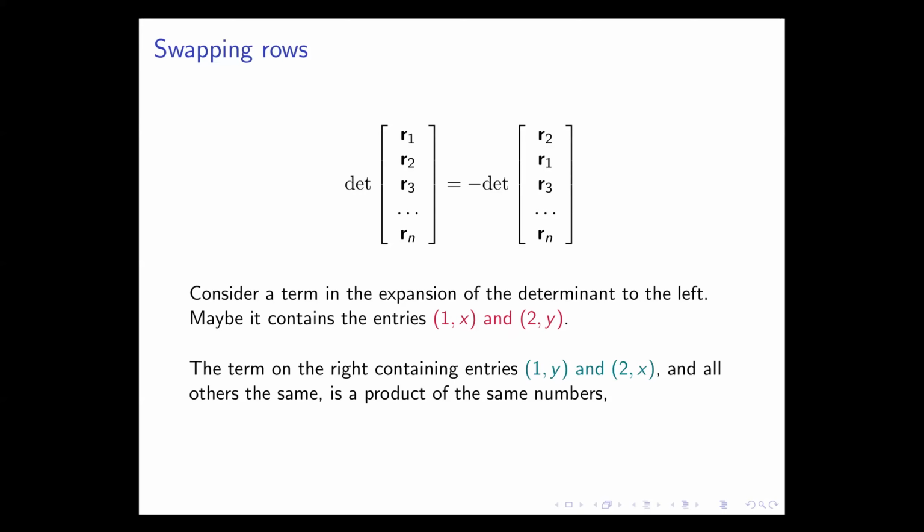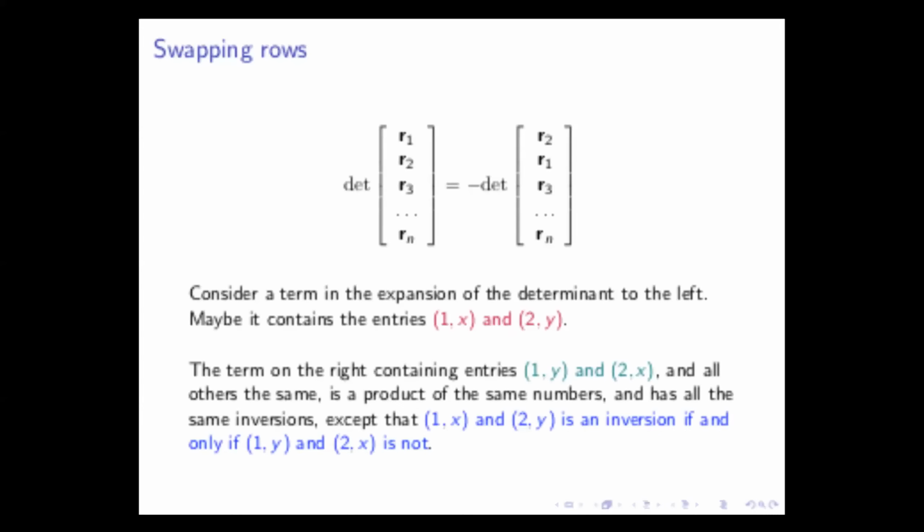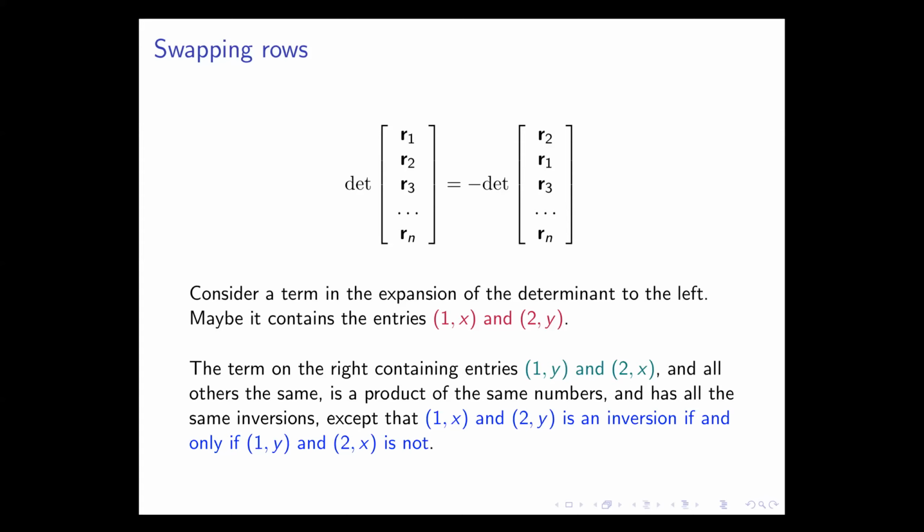So it's a product of the same numbers, including all the inversions, except that these two elements: 1x and 2y is an inversion if and only if 1y and 2x is not. So pretty much there's only one way to do it. Either on the left you have them in inverted order, then on the right you have them in non-inverted order, or vice versa. But regardless, signs will be different. So they have opposite signs, and bingo, this minus sign appears in front of the determinant.